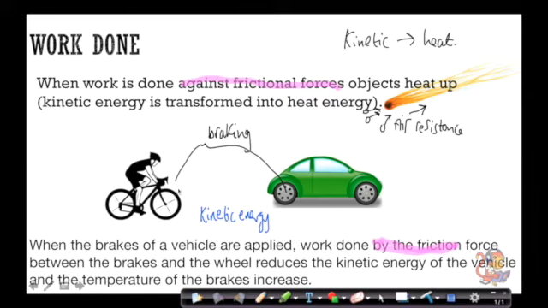And when the brakes are applied, kinetic energy is reduced and the temperature of the brakes increases, because in the same way you've got kinetic energy being transferred into heat energy. So when the brake pads are against the wheel, because of that work done by the friction, the kinetic energy which is being transferred by the car is transferred into heat energy. So your brakes will heat up as well.